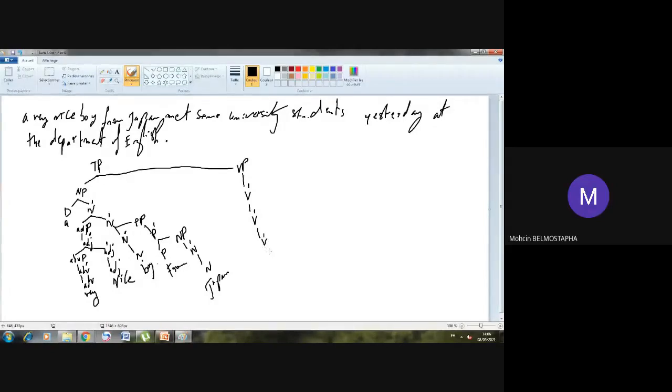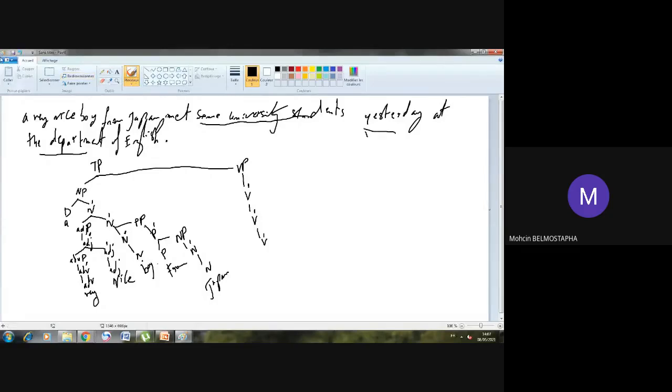From the first V bar, we branch the PP at the... Let me help you first. The first V bar, the lowest one, we need it for some university students. We need another one for yesterday, and we need another one for at the Department of English. So let's start with the lowest one.